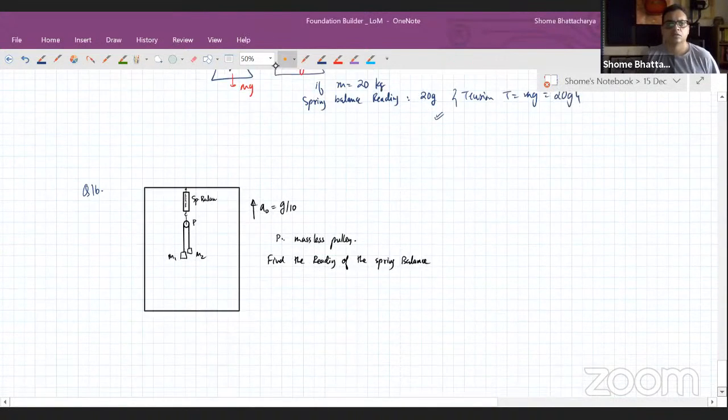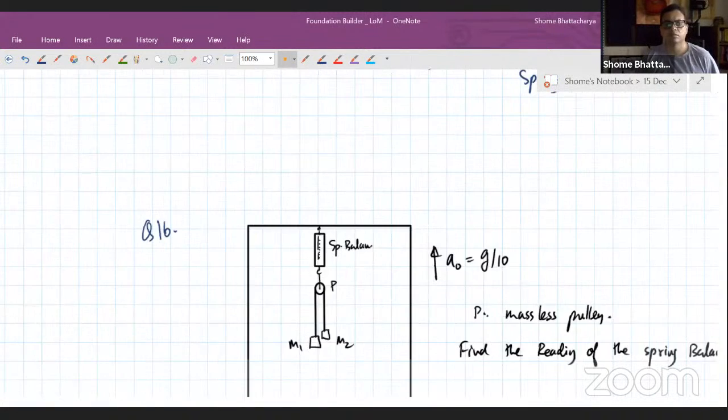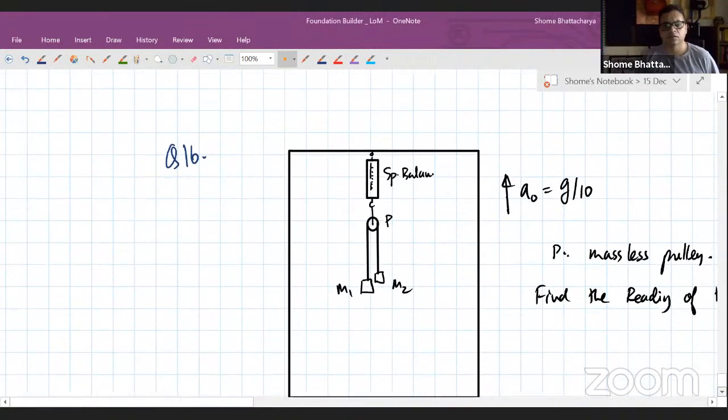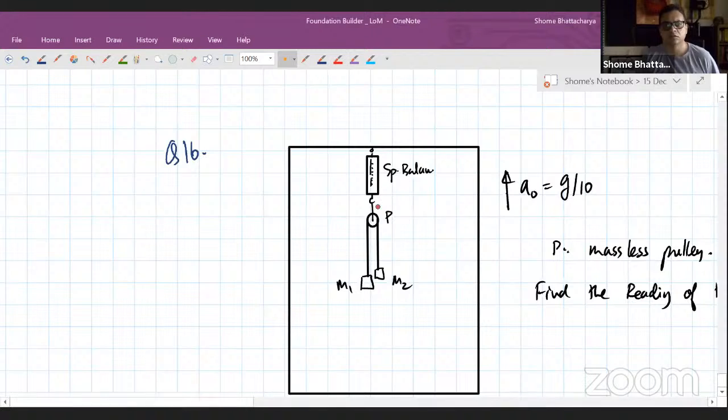Okay. So if I just magnify this here, suppose this tension with which it's being pulled down here is T1. So the reading of the spring balance is equal to T1, which I have to find out.